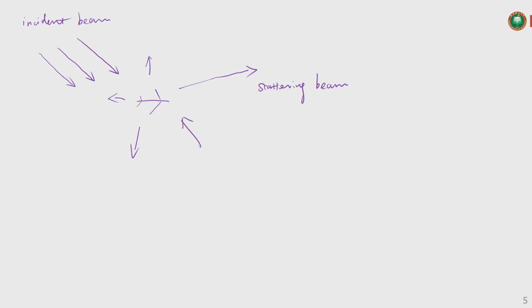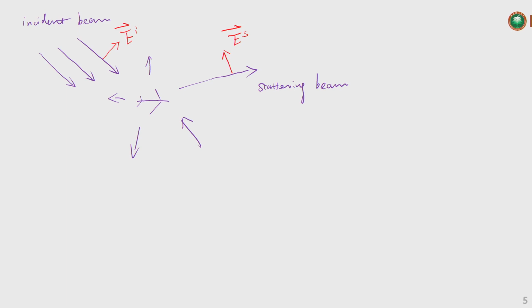Now for a plane wave, we define its electric field in this direction as EI, the incident beam, and the scattering beam in this direction as ES. So this is the electric field, and it should be noted that the shape and orientation of the target, the aircraft, are related to the scattering beam, right?